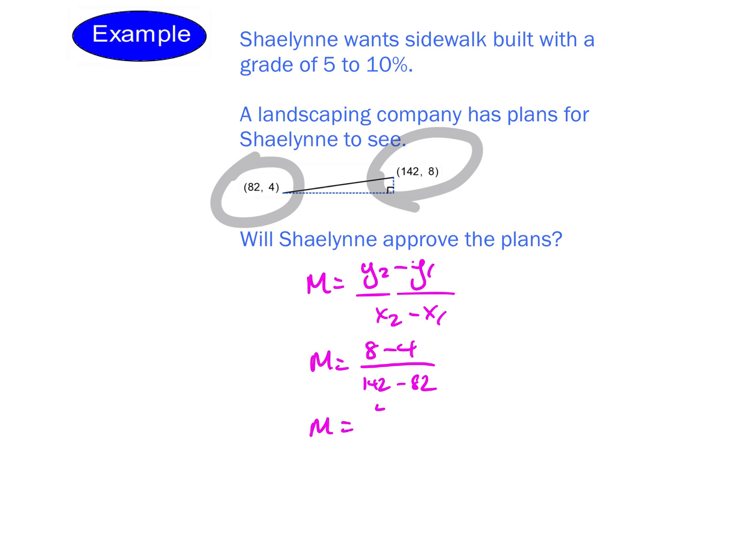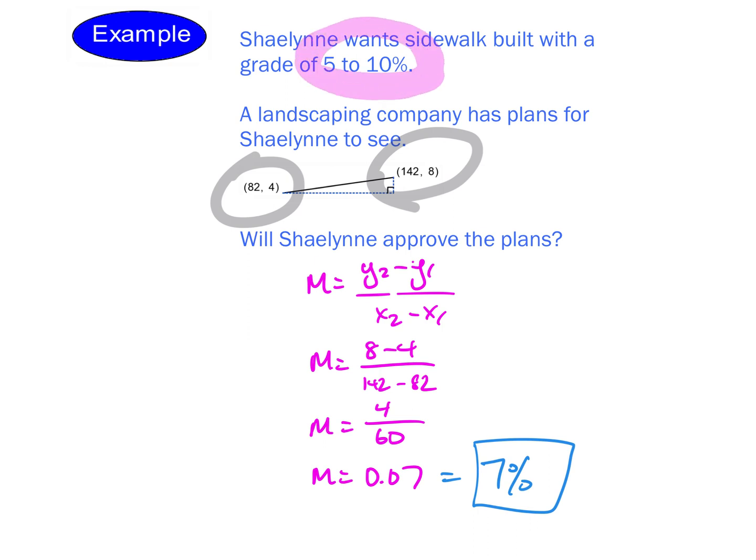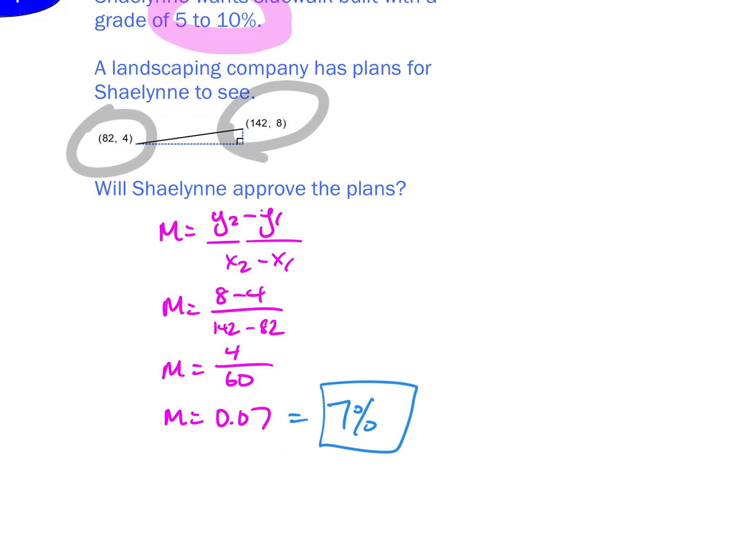So that's 4 over 60, and 4 over 60 as a decimal is 0.07, which of course in terms of grade equates to a grade of 7%. Now 7%, is that between 5 and 10%? You betcha. So we'll write up a summary statement.